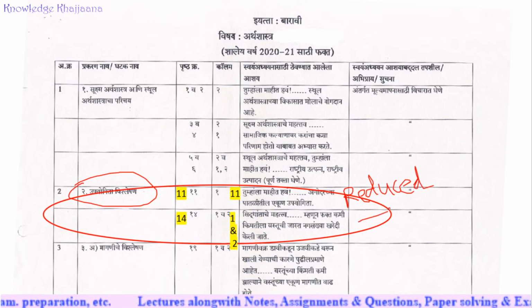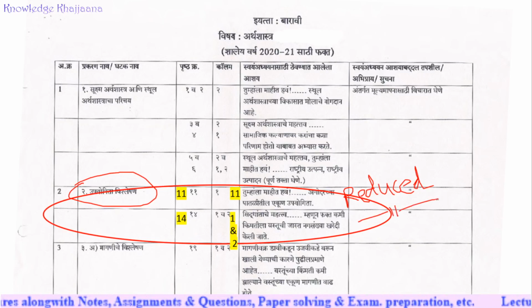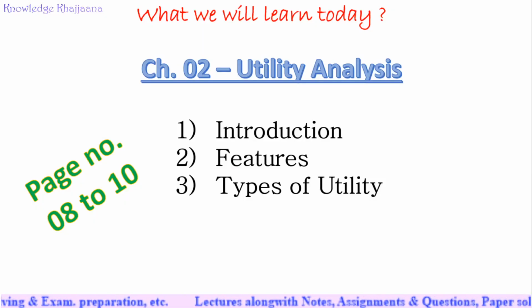But we are not covering page number 11 column number 1 and page number 14 column number 1 and 2 today. We will cover that later on. This was just for your information.